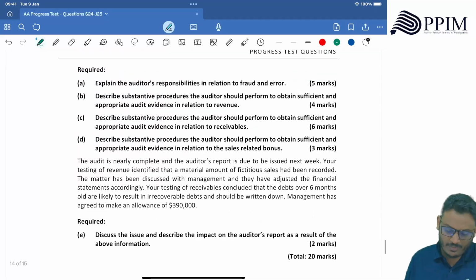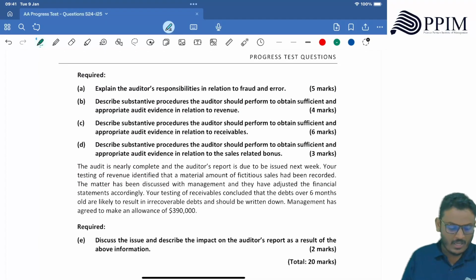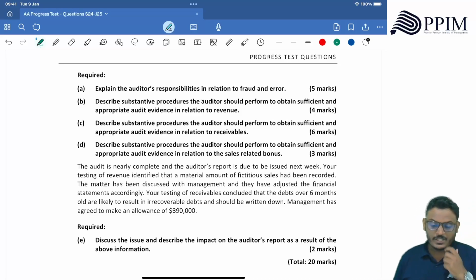Question number 18, if you take, they ask the first question: explain the auditor's responsibility related to fraud and error.